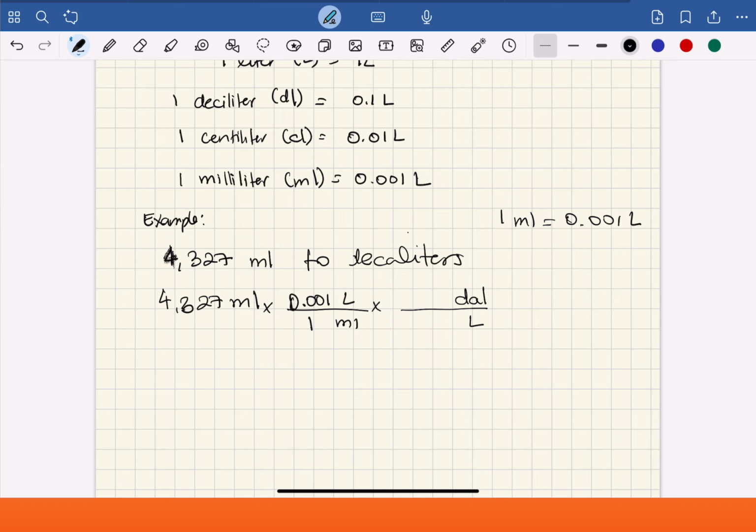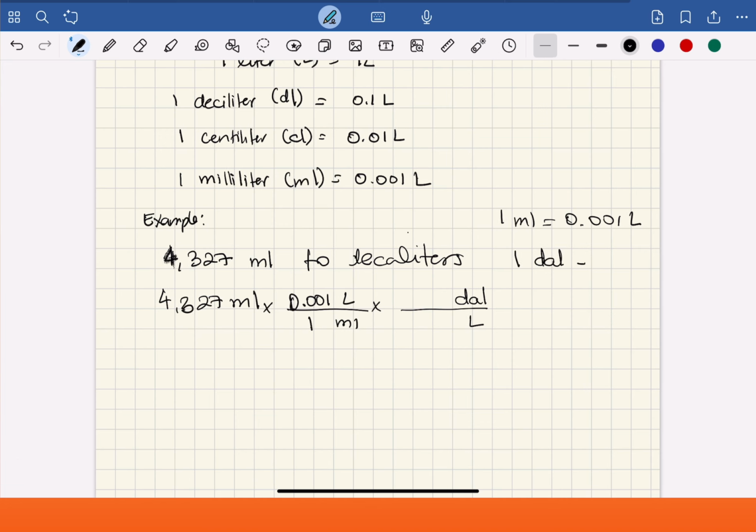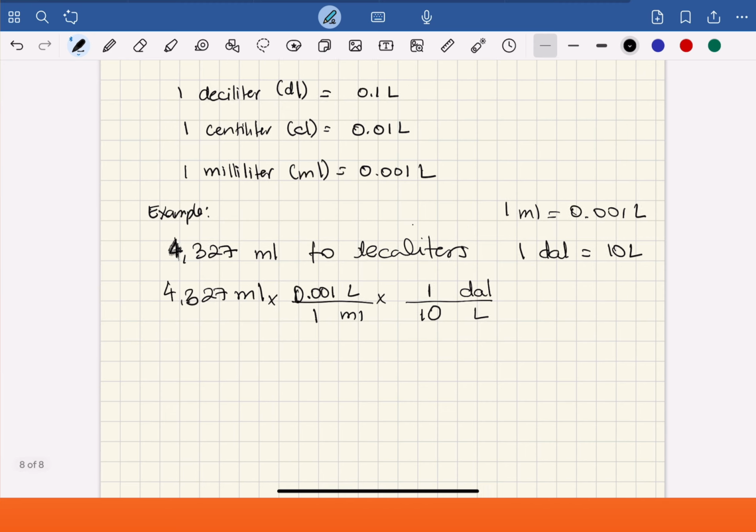Now, if I want to look at the conversion rate between liters and decaliters, I know that 1 decaliter is equal to 10 liters. So what do I have? 1 decaliter is equal to 10 liters.